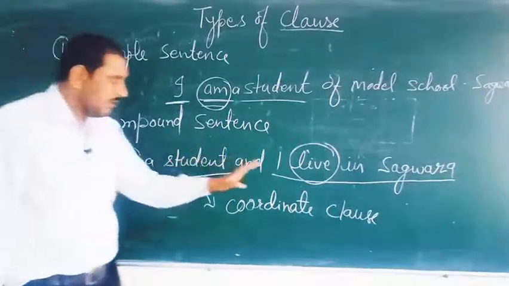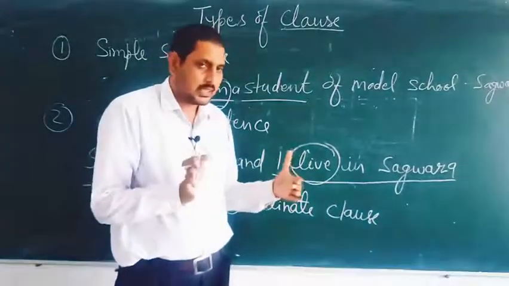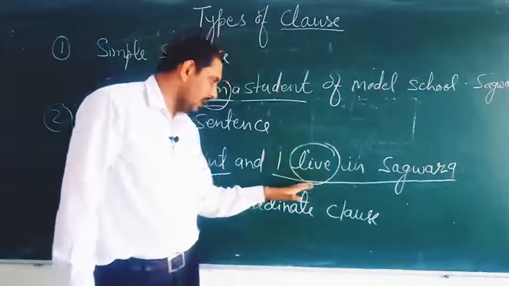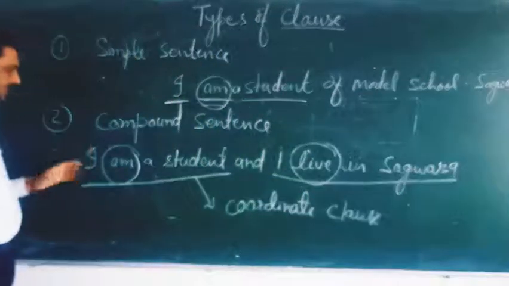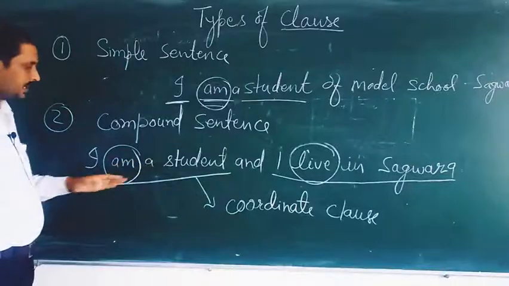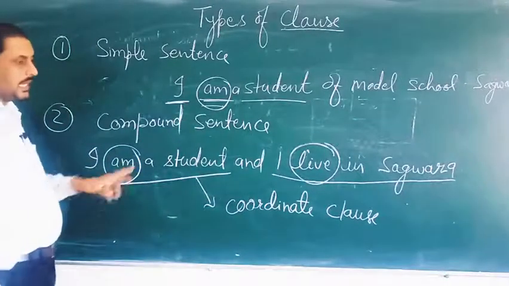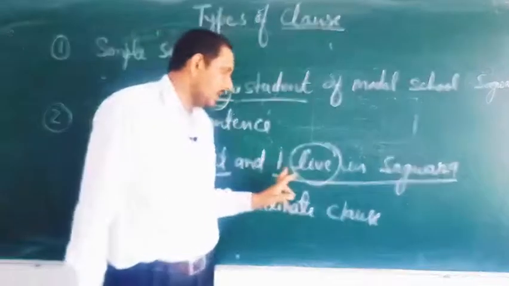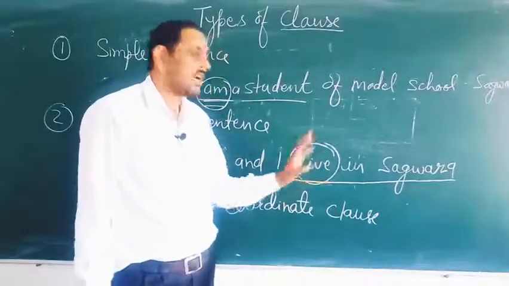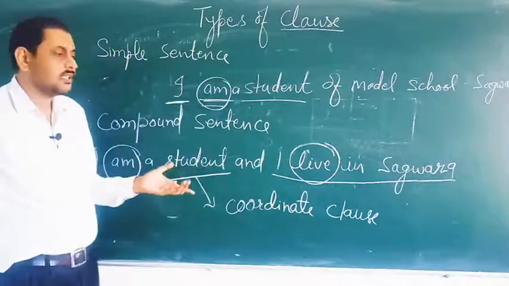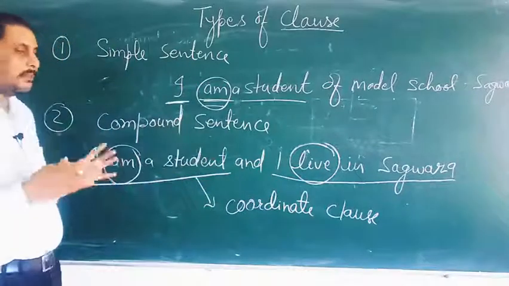I live in Sarwara is another sentence that does not have any effect on the first sentence, I am a student. In this way, the first clause is an independent clause, and I live in Sarwara is another independent clause. So both clauses are independent.